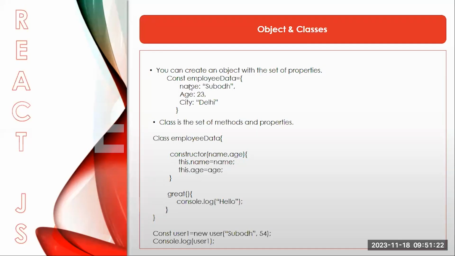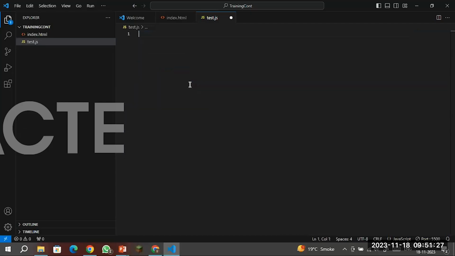Okay, so how is it working? Let's see. It is a simple class, my class. If I'm not using any constructor, then I'm going to create a function first, my function.